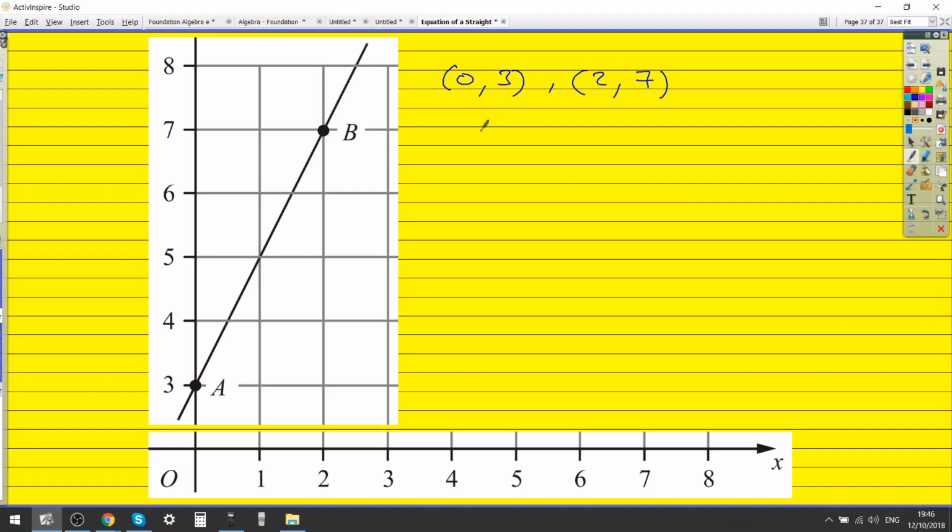And then I just do 4 over 2, and that's just a half. Oh, no, it's 4 divided by 2. Is it 2? Yeah.